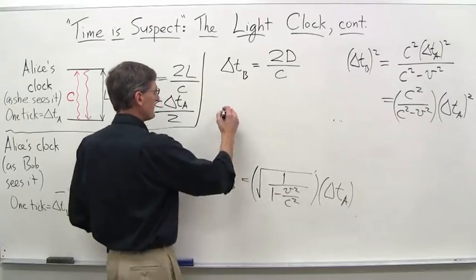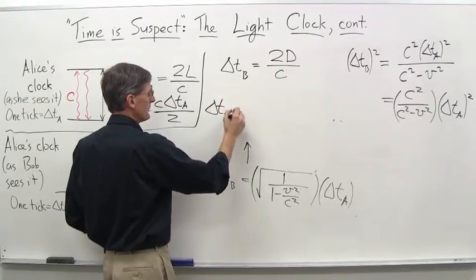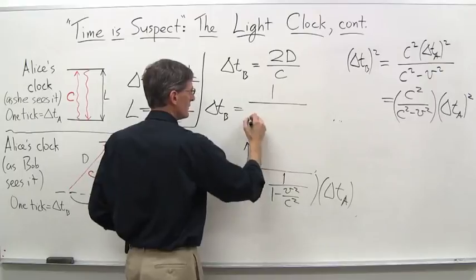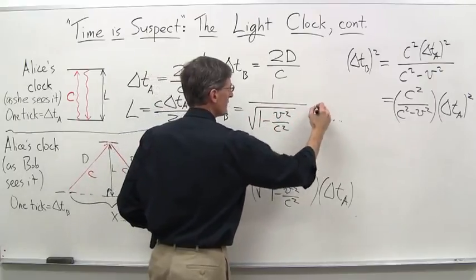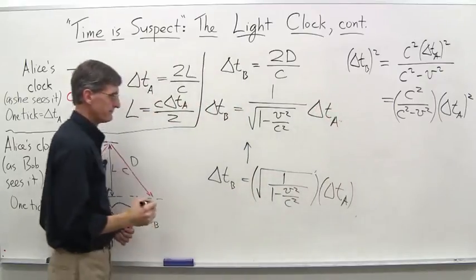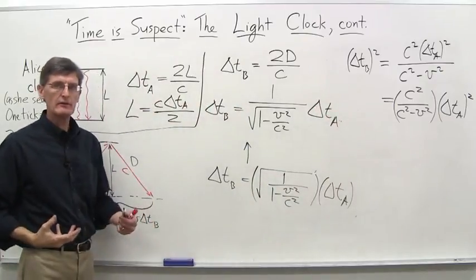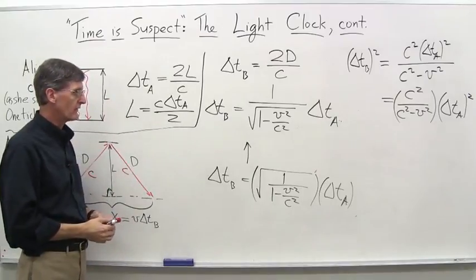So we can rewrite this as delta TB equals 1 over square root of 1 minus v squared over c squared times delta TA. And that is our final result for our quantitative analysis of the light clock.